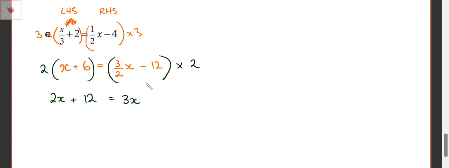Or 6 halves is 3. Yeah, 6 divided by 2 is 3. But we basically got rid of the 2, like we got rid of the 3. But we have subtract 24. And these are the 2 bits that people make the mistakes on.